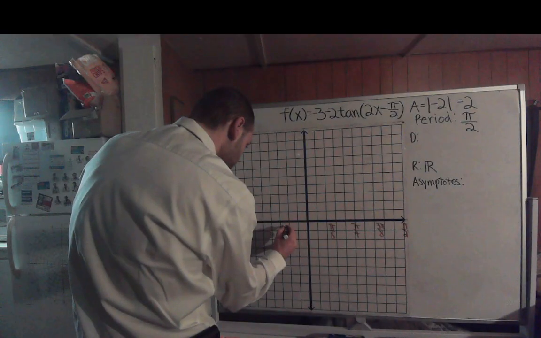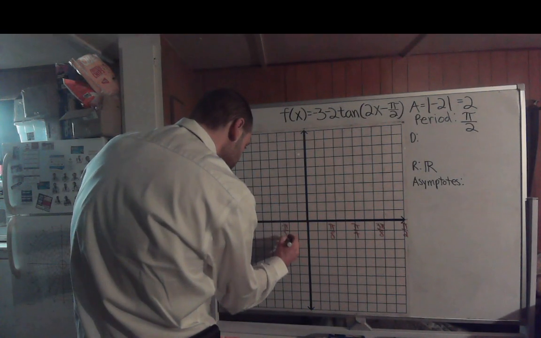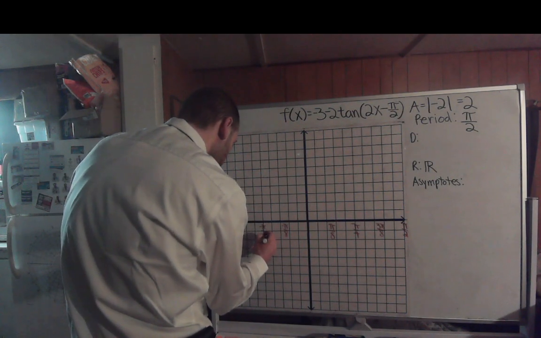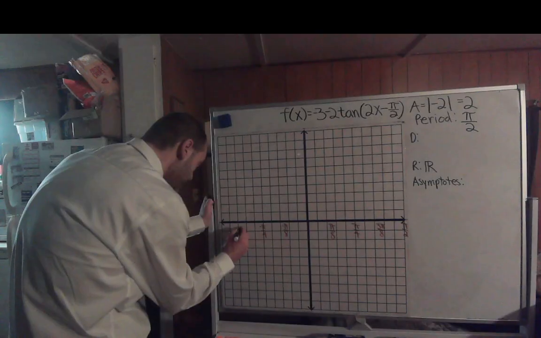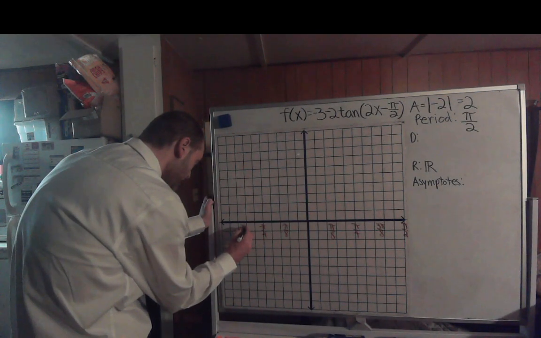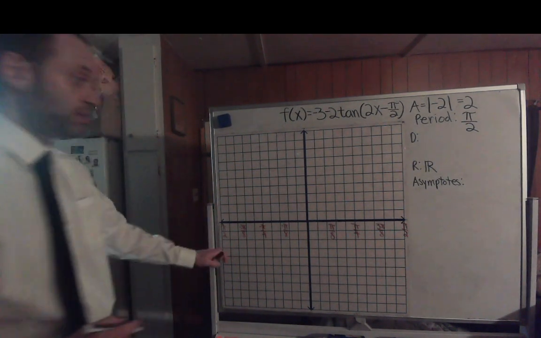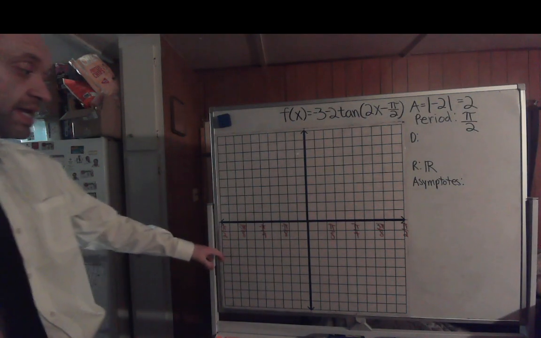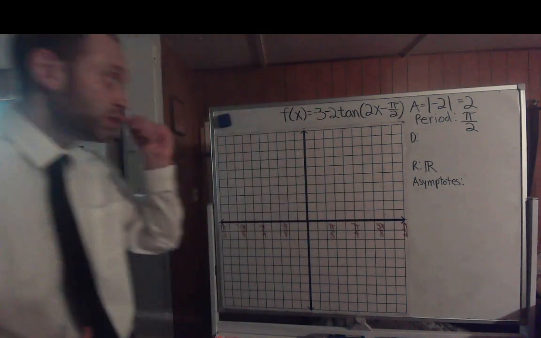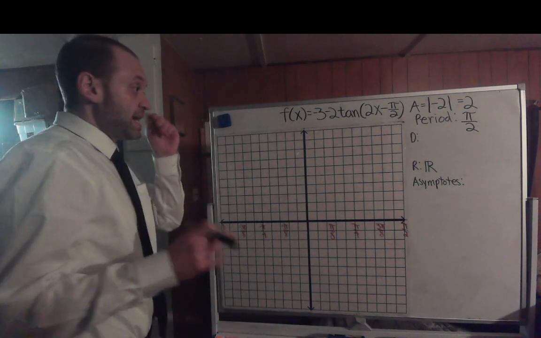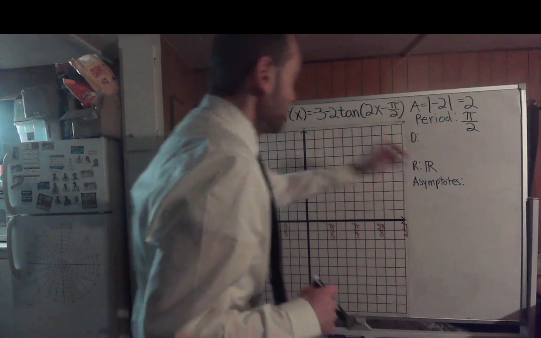So here's -pi over 8, -pi over 4, -3 pi over 8, and then we have -pi over 2. So the period's pi over 2, so we're going to go from -pi over 2 to pi over 2. Okay, we've established that. The range is still all real numbers.